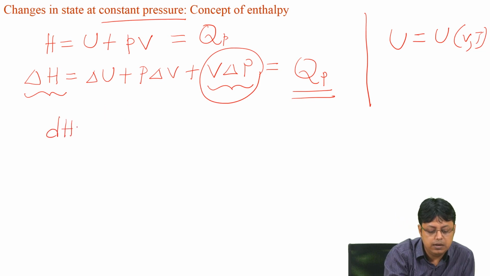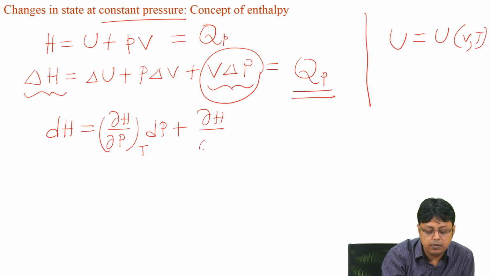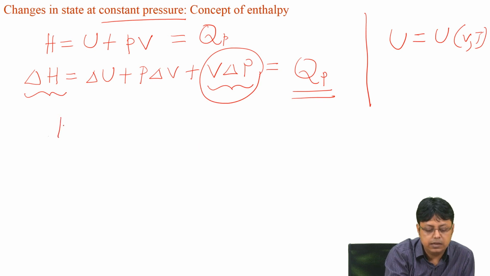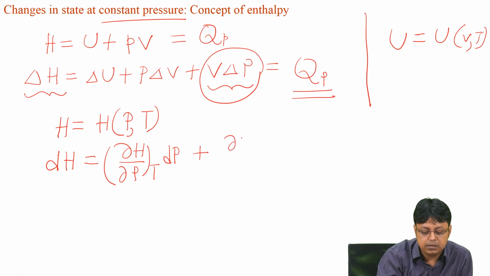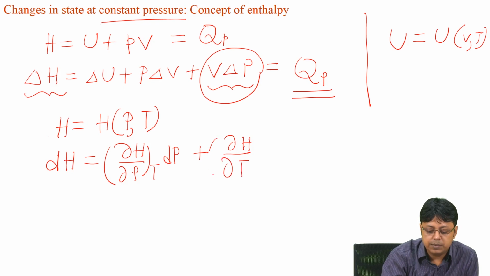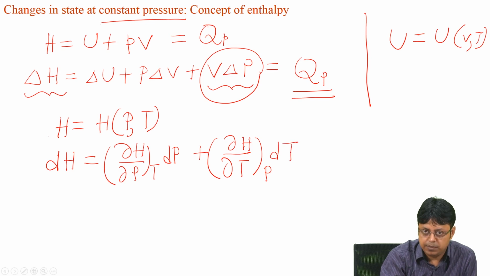So, here dH is the total derivative: the partial derivative with respect to pressure keeping temperature constant, multiplied by the differential change in pressure, plus the partial derivative with respect to temperature keeping the pressure constant, multiplied by the differential change in temperature.